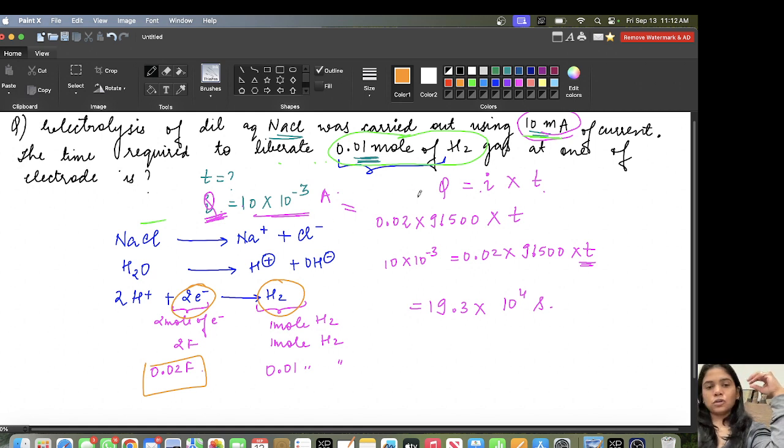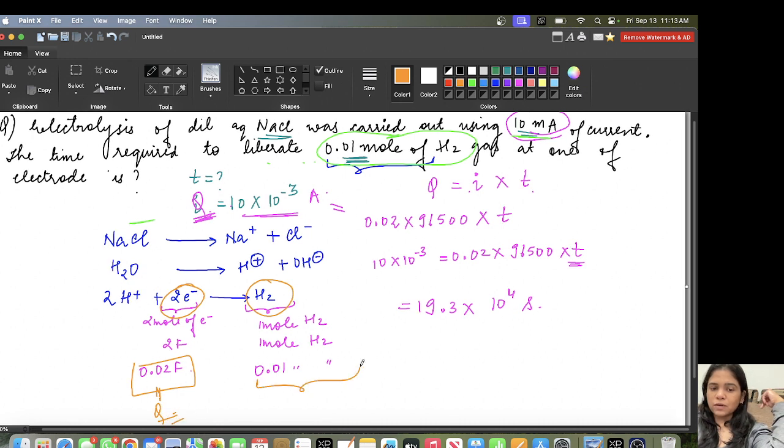Just use the formula, use the unitary method: Q required to liberate 0.01 moles of hydrogen will be equal to I into T. I is already given to you. Just find the value of T. You will get 19.3 into 10 to the power 4 seconds as the answer.